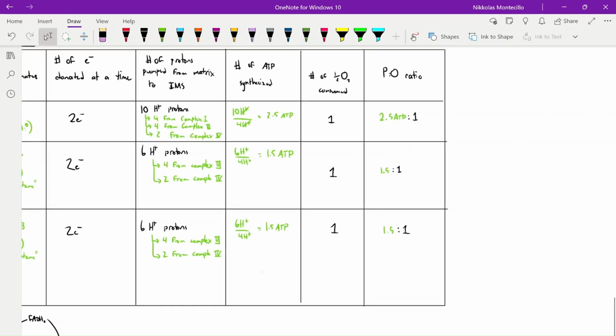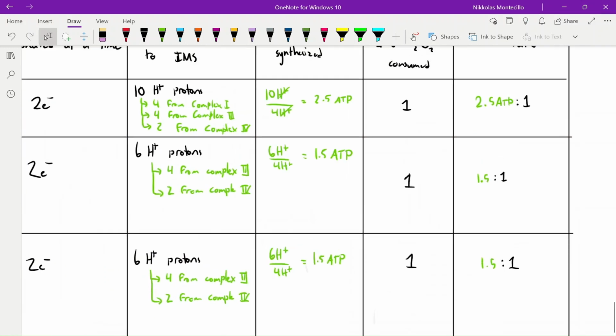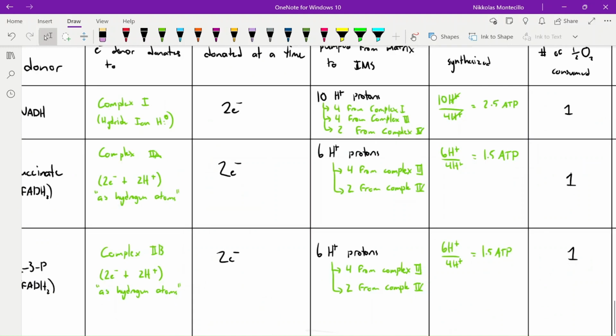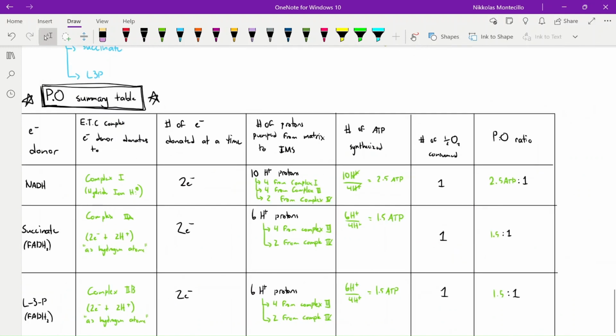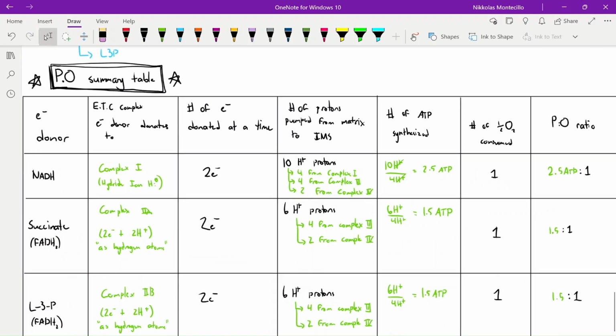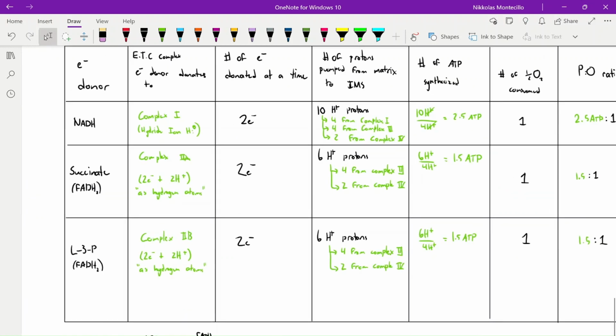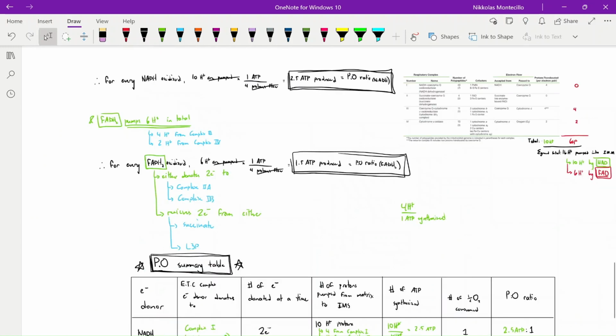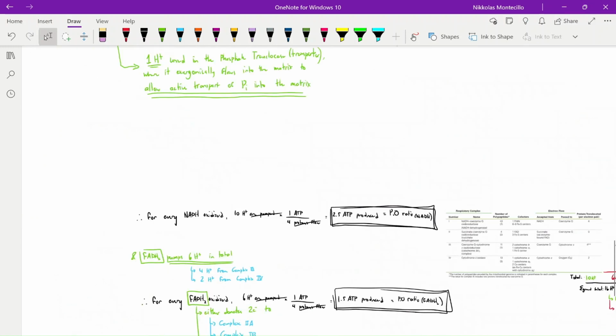And then we see that the same P/O ratio is produced here. So succinate has a P/O ratio of 1.5 to 1 when it's associated with complex 2A, and the same ratio with complex 2B. And that's essentially the basic premise behind P/O ratios.